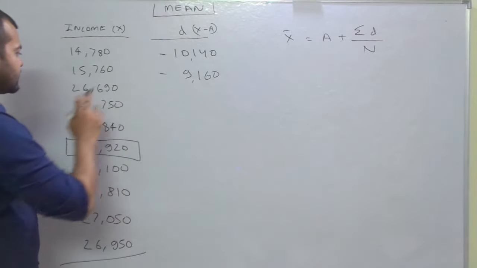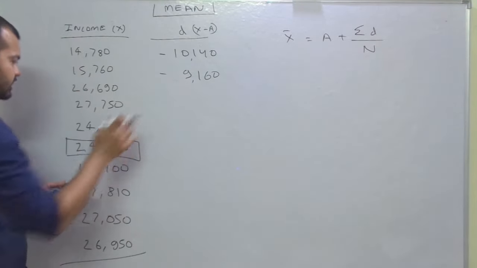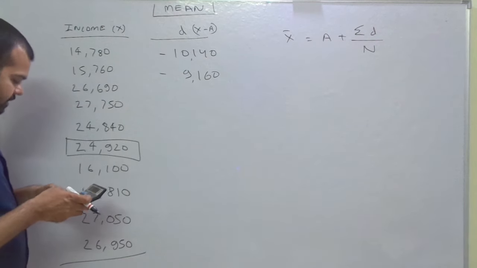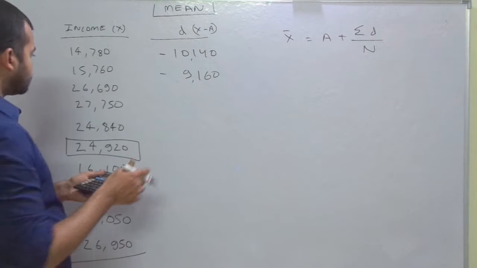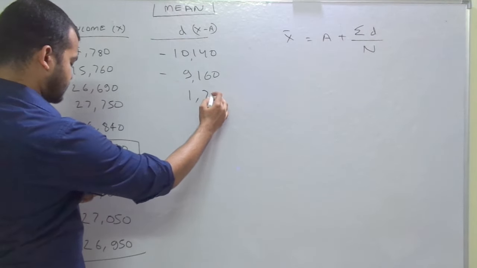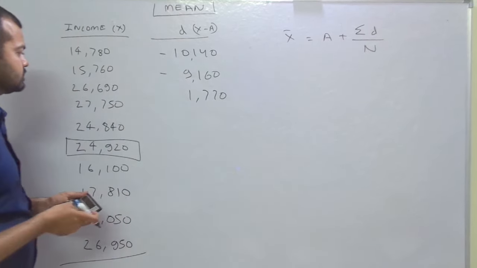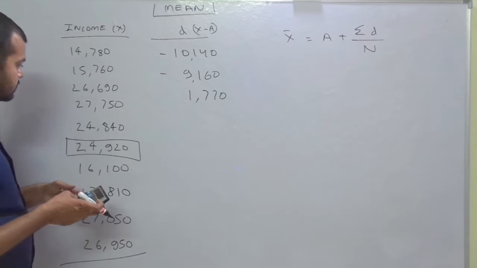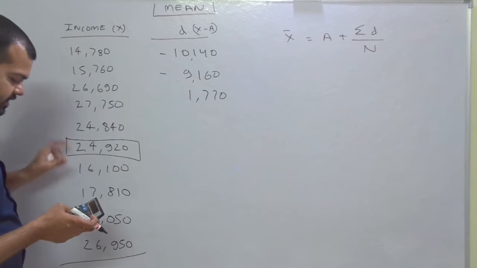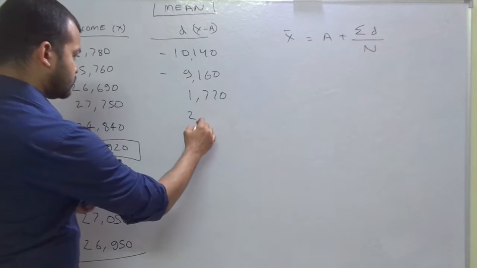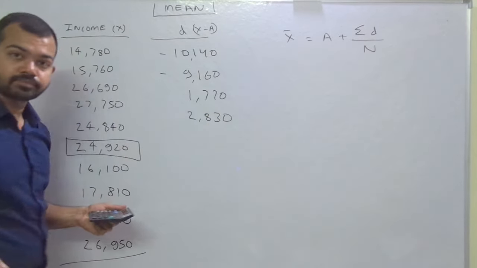Now this is x minus a. For this figure, x is 26,690 minus 24,920, so the number comes out as 1770. Now 27750 minus 24920: the answer comes out as 2830.